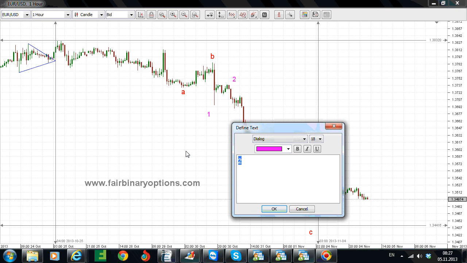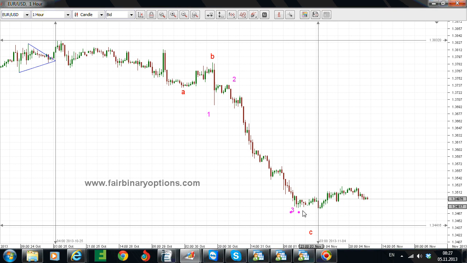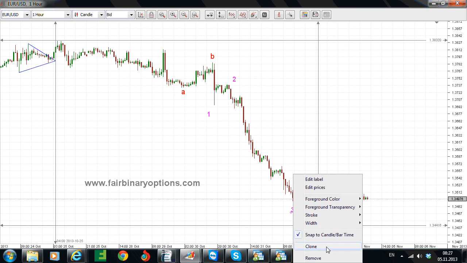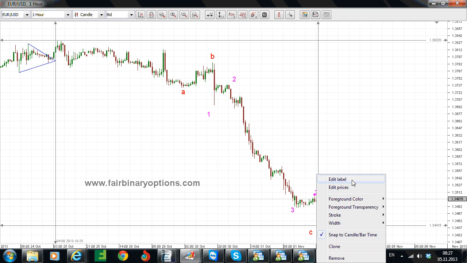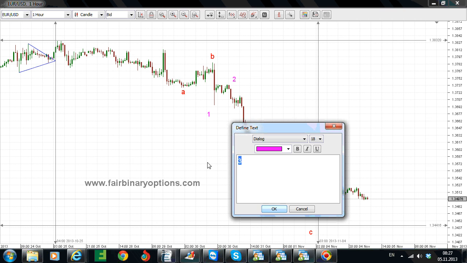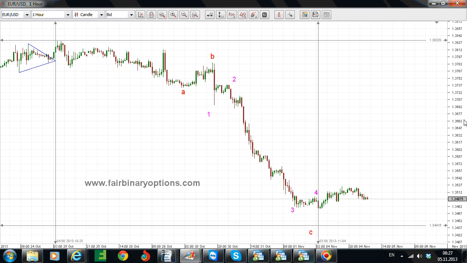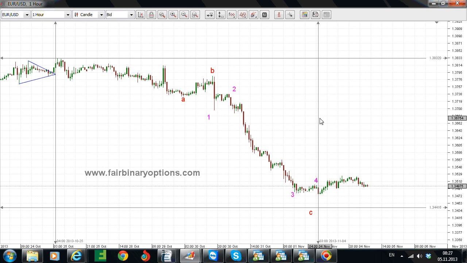I would say that the third wave goes all the way to the downside here, and the fourth wave of course will be here, and the fifth wave yesterday, with the strong retail sales in Australia making the Australian dollar dip to a new low, and of course dragging the euro US dollar to the downside as well.